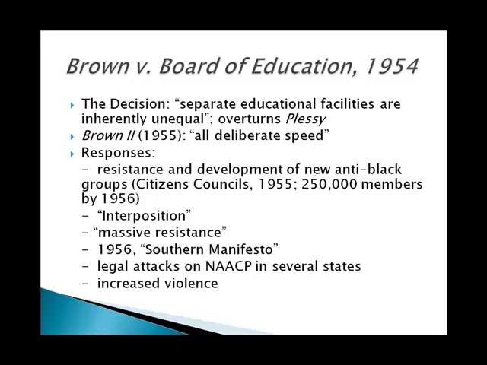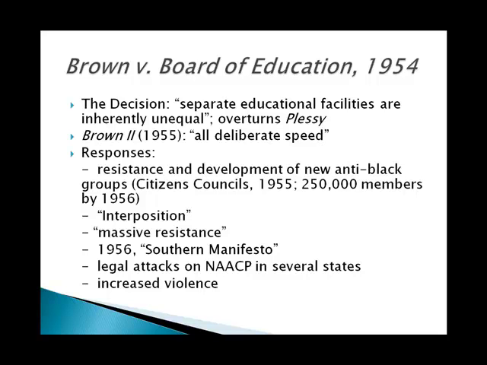The Citizens Councils adopted a policy of what they described as state interposition, the idea that the state had an obligation to stand between the citizen and the federal government, that this was something that states have a right to do. So again, this is very simply a states' rights response. They also called for massive resistance to the Brown decision.